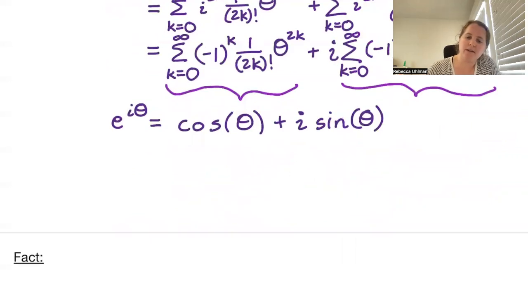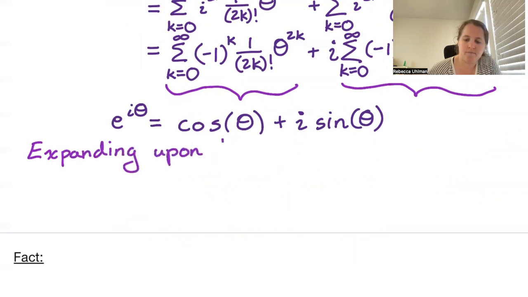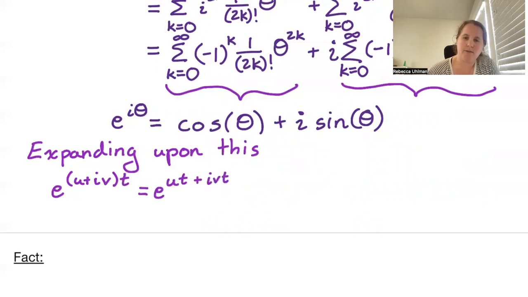And then we can expand this. So expanding upon this, if we have e to the u plus iv times t, this is e to the u times t plus i times v times t, or e to the ut times e to the ivt.